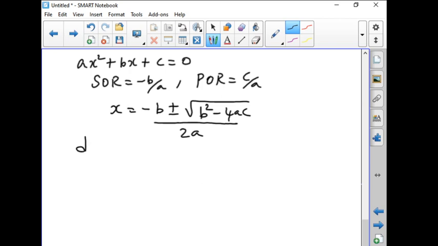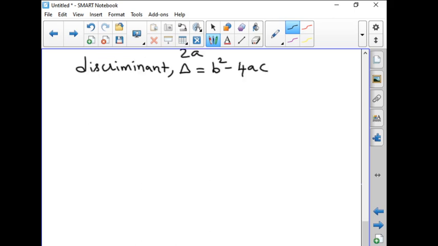The discriminant of the quadratic equation is delta, which is equal to b square minus 4ac. Using this discriminant value, we are going to talk about the nature of the roots.